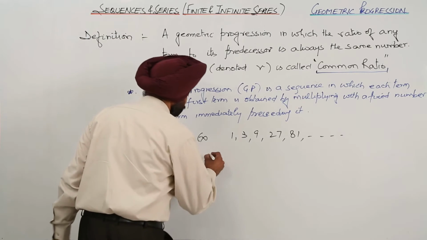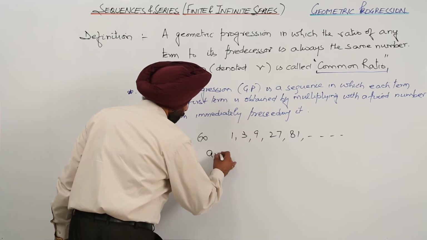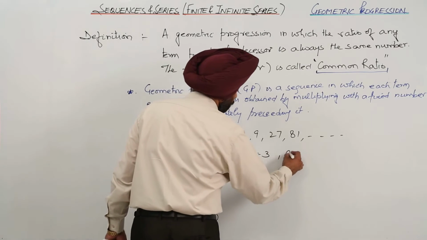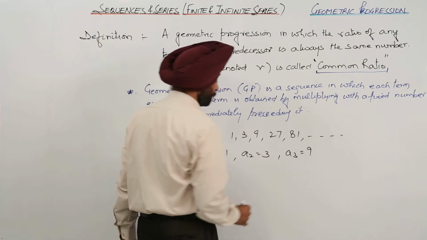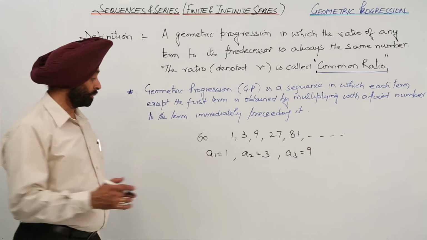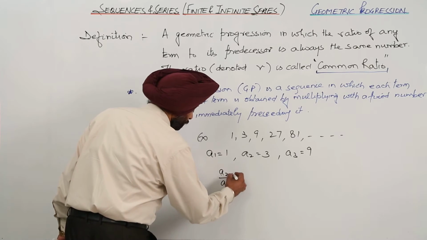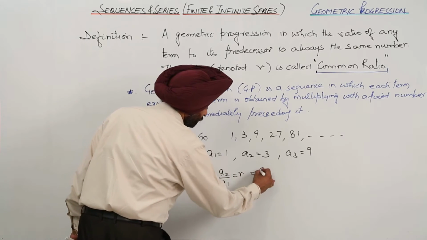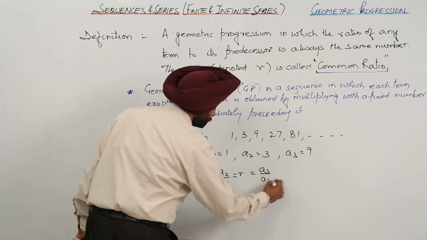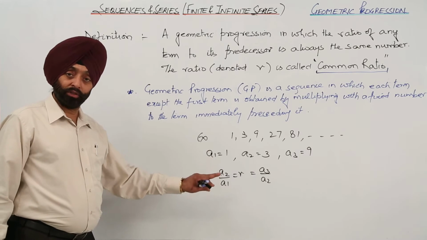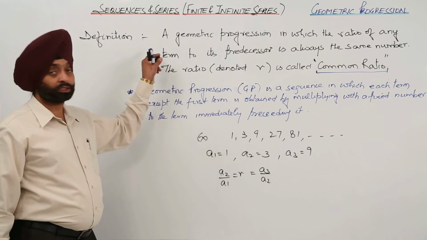For example, here A1 is 1 and A2 is equal to 3. A3 is equal to 9, or you can write it T1, T2, T3. Now A2 upon A1, this is R, and A3 upon A2 is also R. So if the common ratio is the same, then we are saying the series is a GP.